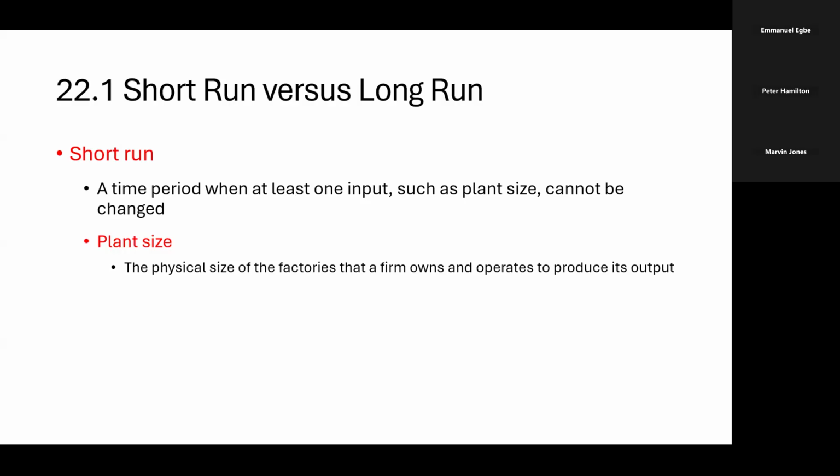So in the short run, there's at least one input that cannot be changed. And typically here we will use labor and capital. And so we often hold capital constant during the short run. And it's one of those inputs that cannot be changed in the short run.